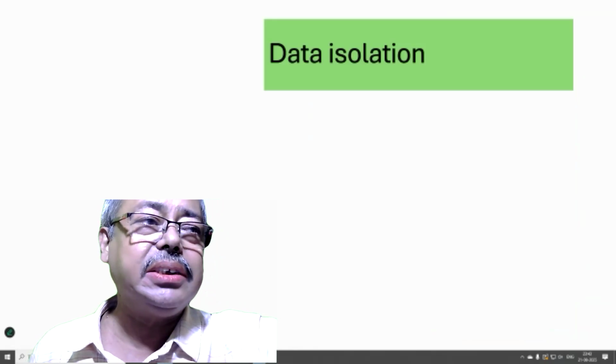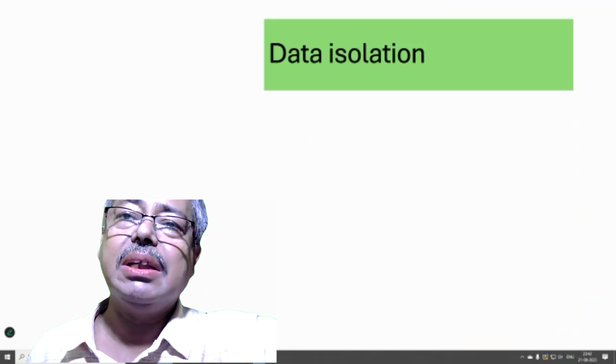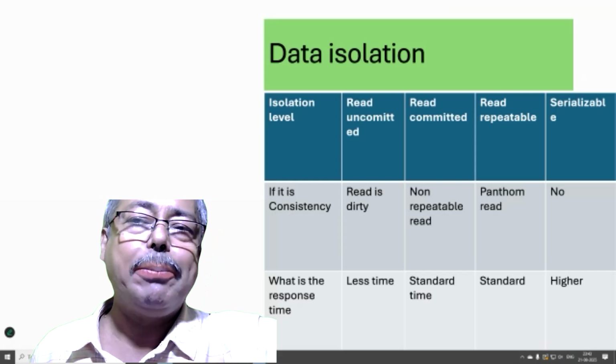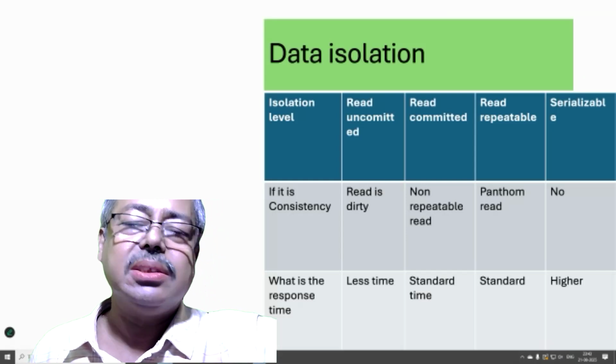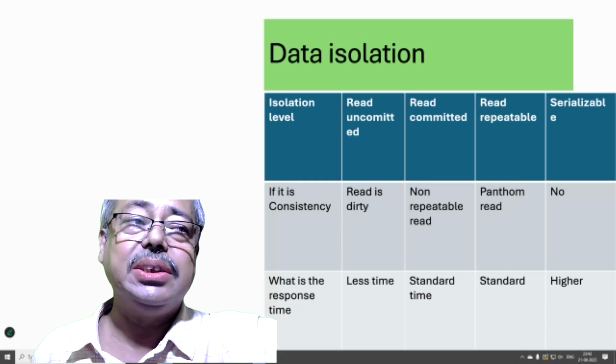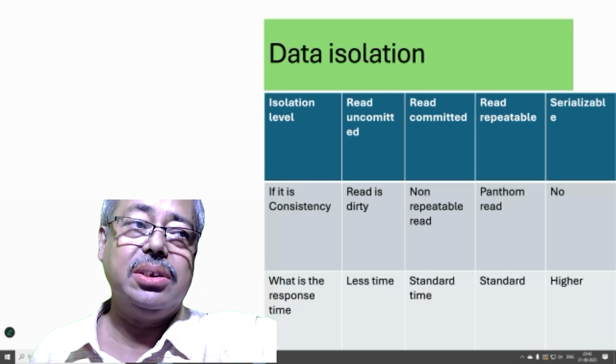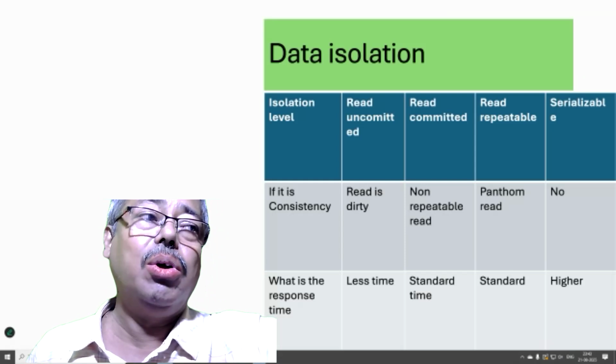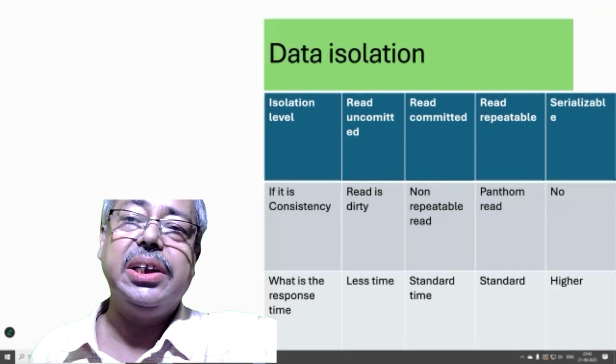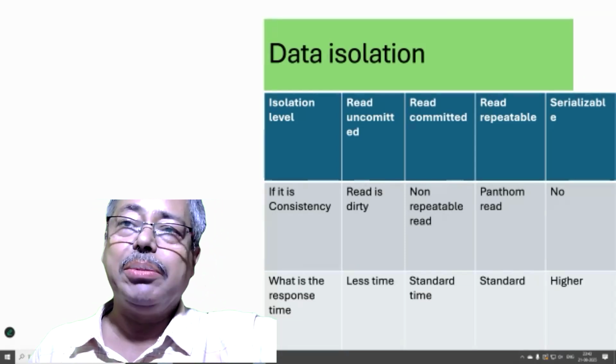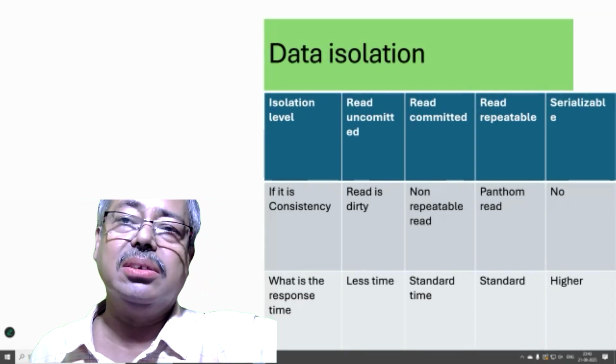Data isolation is another table I am representing, and this table will give you more appropriate data for the isolation chapter, for specific isolation. What is the situation that appeared after the data isolation?